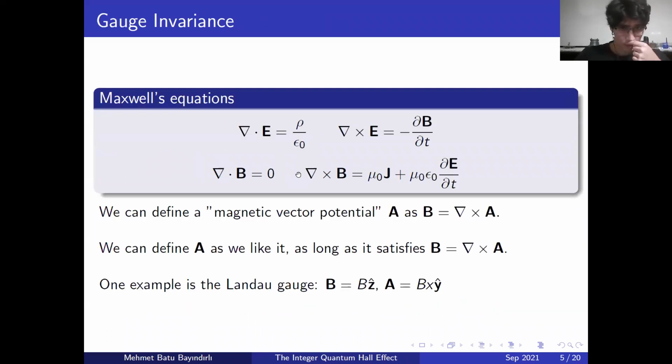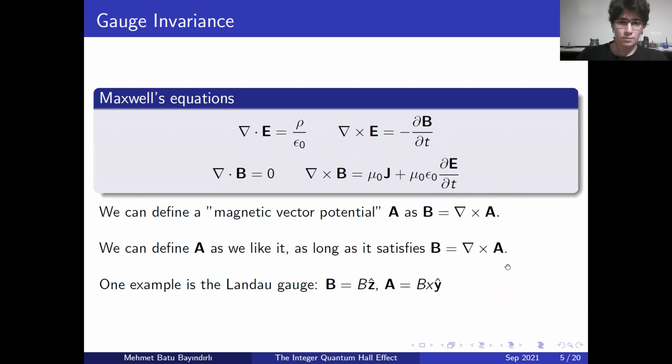Okay, so let's talk briefly about gauge invariance. These are the Maxwell equations that govern all of electrodynamics. From this equation, which is called Gauss's law for magnetism, we can define a vector potential for B. When we take the curl of this vector potential, we get the magnetic field. Because we have defined it this way, we can actually choose A as we want.